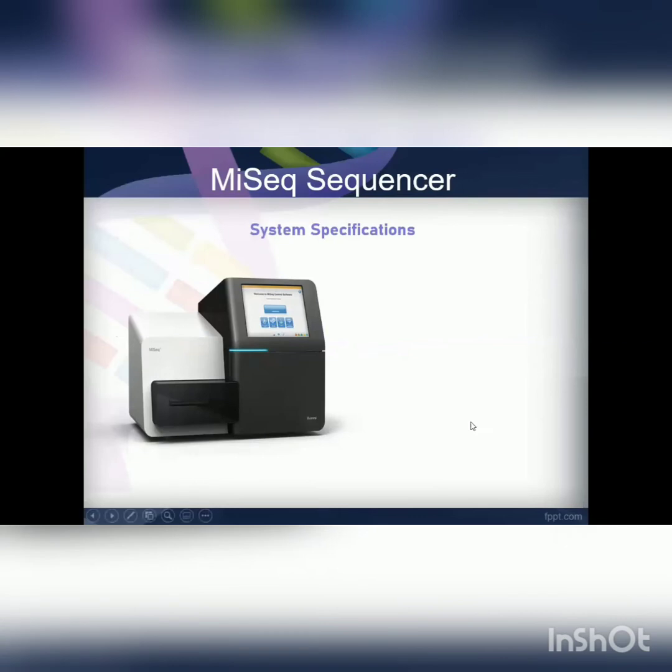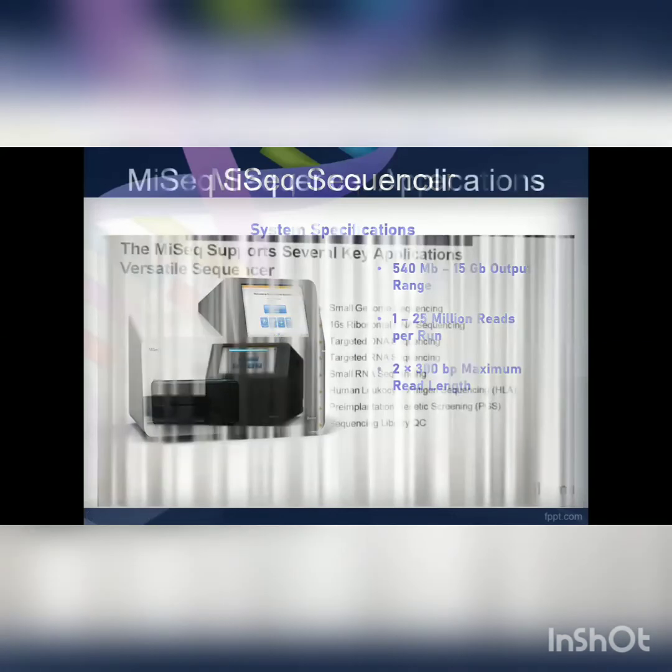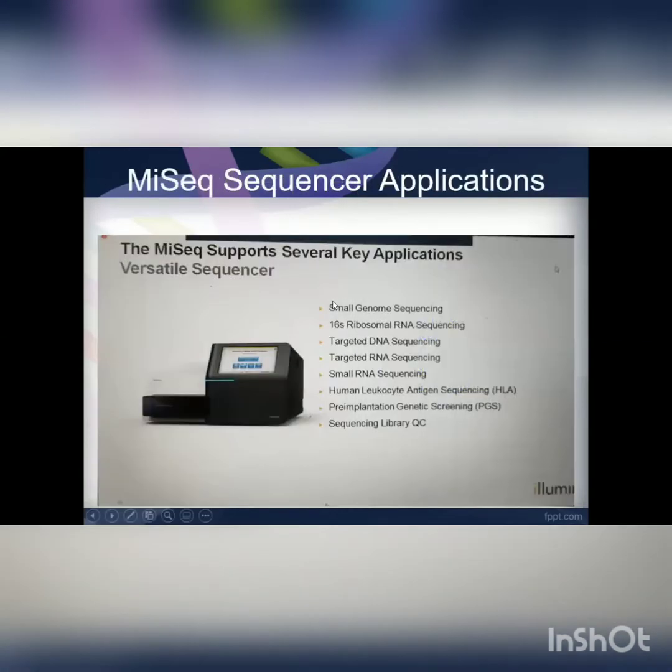Coming to the MiSeq sequencer, this has an output range of 540 MB to 15 GB, and it can perform 1 to 25 million reads per run. It has a maximum read length of 2 into 300 base pairs, and it supports a range of applications.